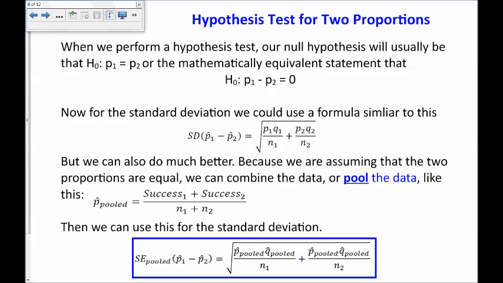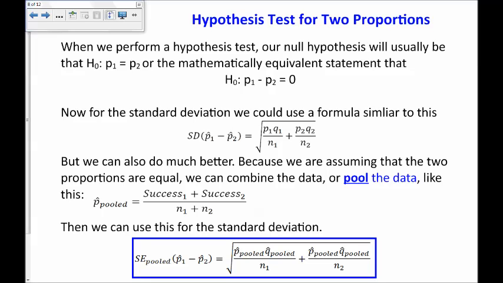The next topic is hypothesis tests for two proportions. Now, before we get into actually doing a hypothesis test, there's a couple of ideas that I need to explain first. And the first is pooling the data, what it means to pool your data. When we perform a hypothesis test, we will almost always have our null hypothesis be that the two proportions are equal.